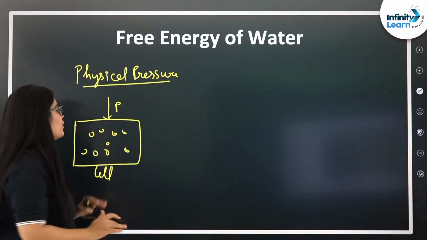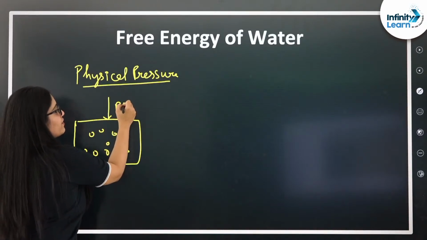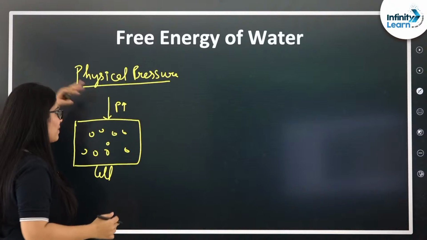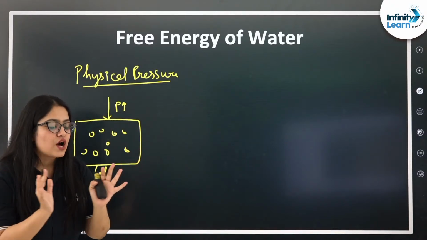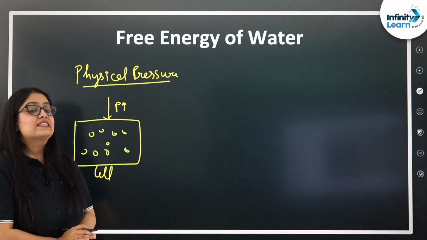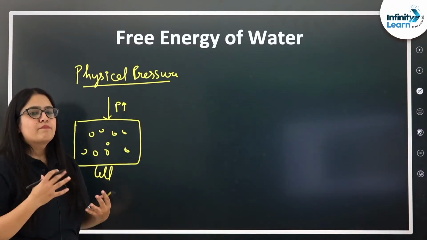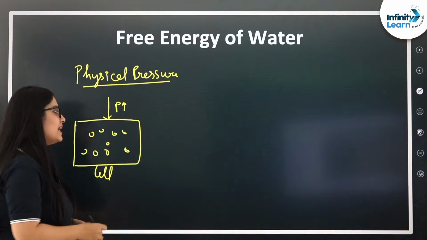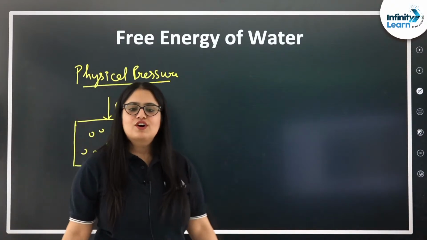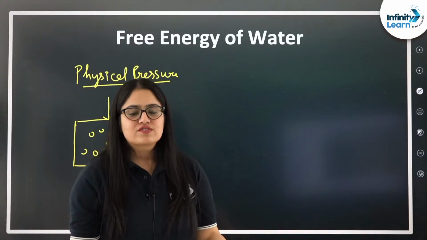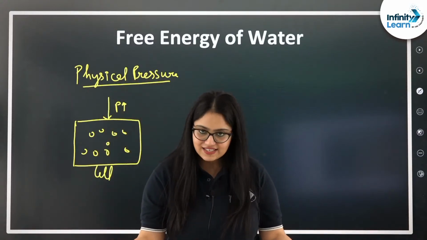So whenever you increase the pressure, or apply external pressure on this system, the water molecules are going to come closer, and hence there will be repulsion between the electron density of each and every water molecule. Remember, a water molecule is made up of oxygen and 2 hydrogen atoms, right?